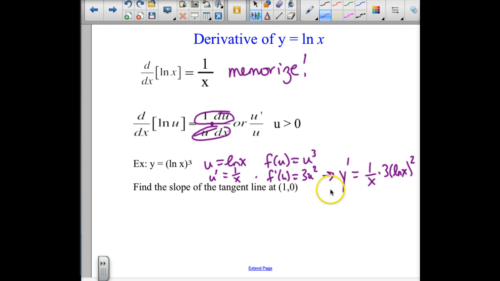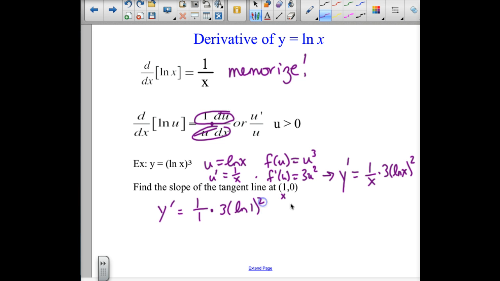Just to review how to find the slope of a tangent line, this is the slope equation of any tangent line at any point on the function y equals natural log of x to the third. We want the slope of the tangent line at (1, 0). So when x is 1, I want to know what the slope is. Well, here's my equation for slope. 1 over, and I'm going to put x in.